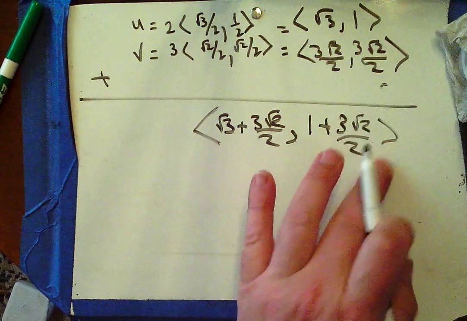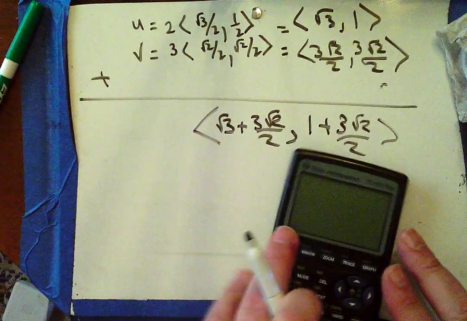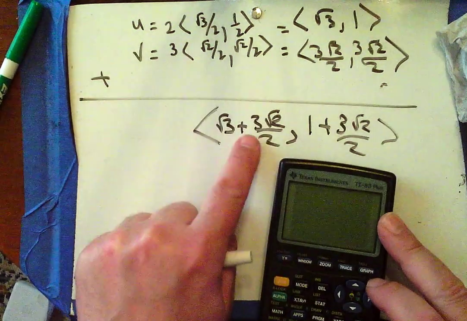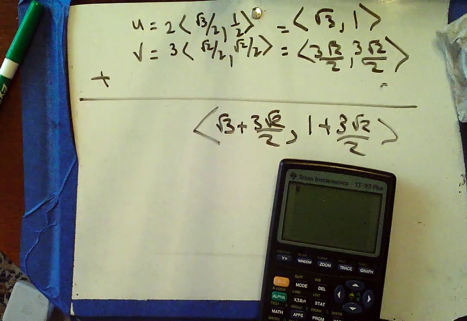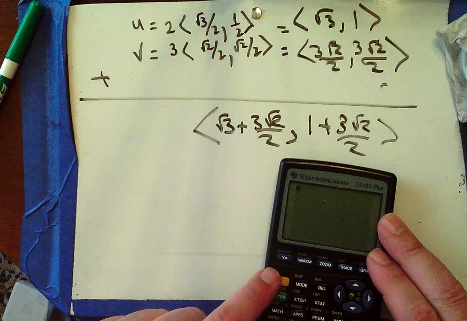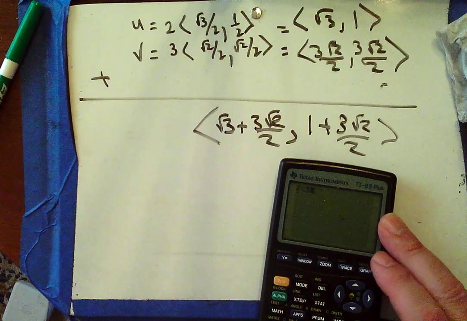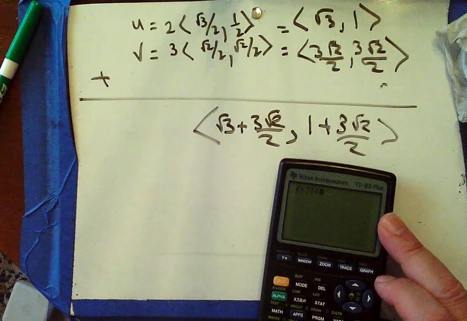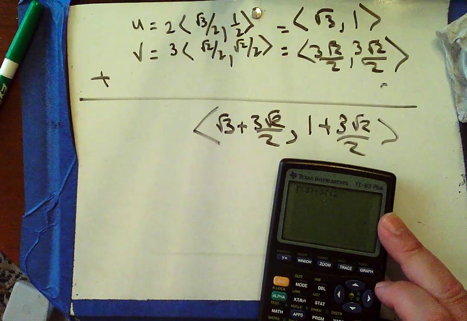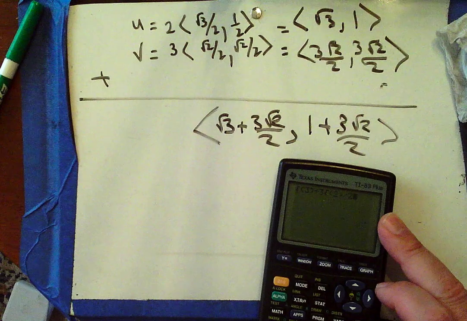Many people don't like having these radicals, and they would prefer to decimalize things. I'm fine with that. Just don't forget to close those parentheses when you do these radicals, or you'll be getting the wrong values.